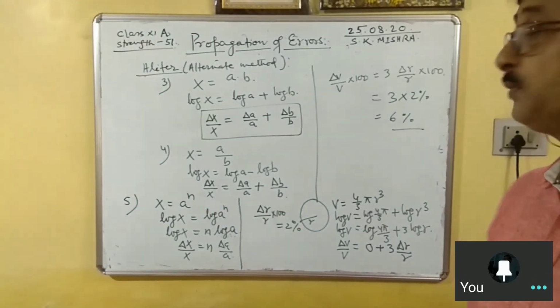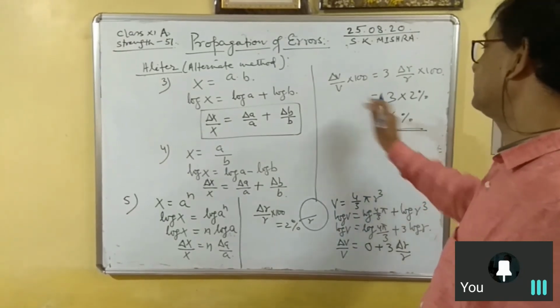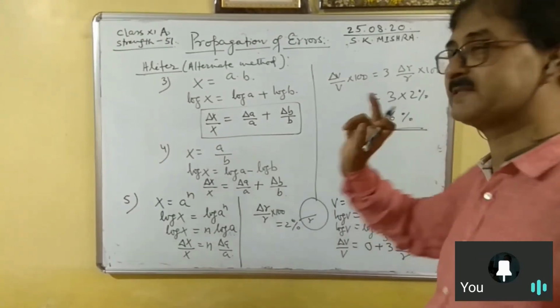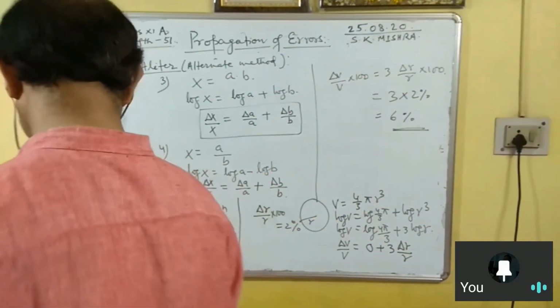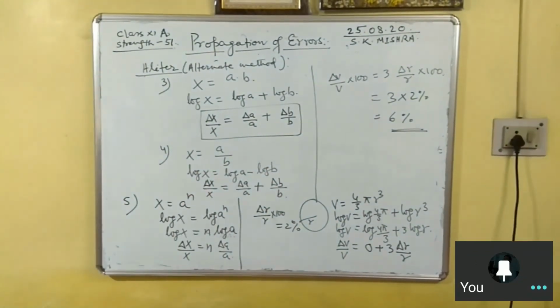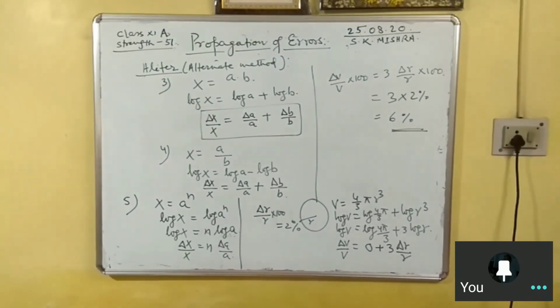If you calculate the volume of the sphere, the final percentage error in volume comes to be 6%. This will go up to 6%. Have all of you written it?